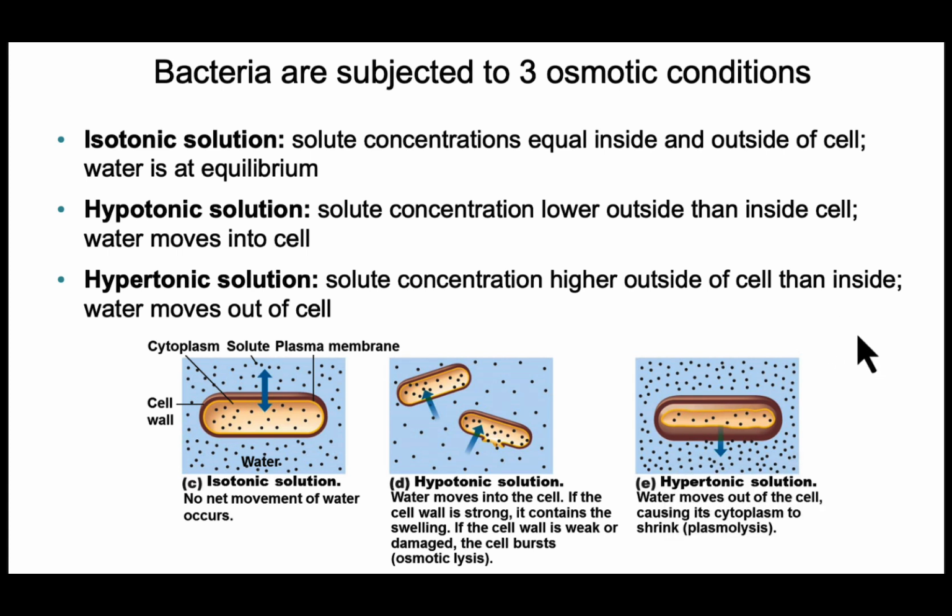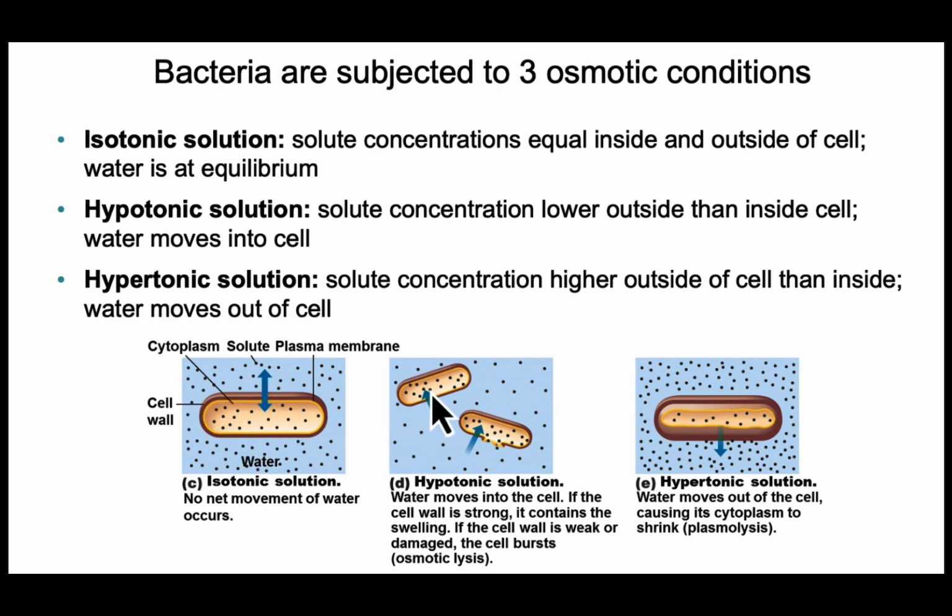Now, when we're talking about water and the cell, there are some different things that can happen. So water is responding really to the concentration of solutes. And so if the concentration of solutes is equal inside and outside of the cell, water's moving in, but water's also moving out, so the cell kind of stays the same.